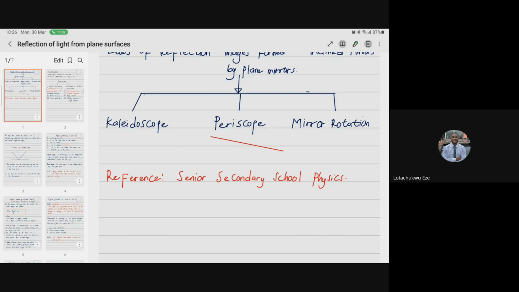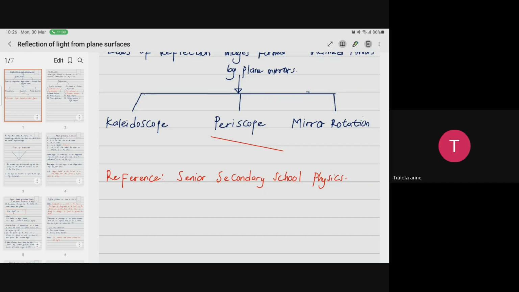I think we have New School Physics, the one that is a bit shiny and colored very well, which I think was written by P.N. Okeke.